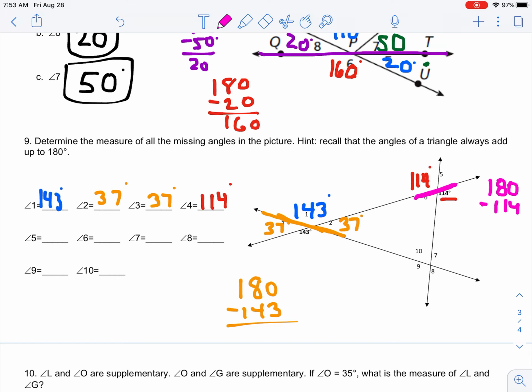Now again, we can do this because it is on a straight line. If I do that, I'm left with 66 degrees. All right, now if angle 5 is 66 degrees, we know angle 6 is 66 degrees because they're vertical angles.